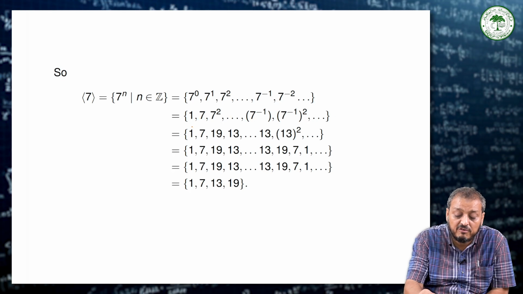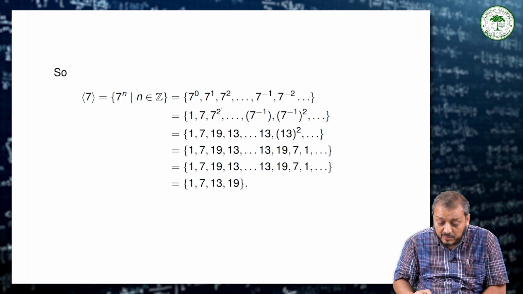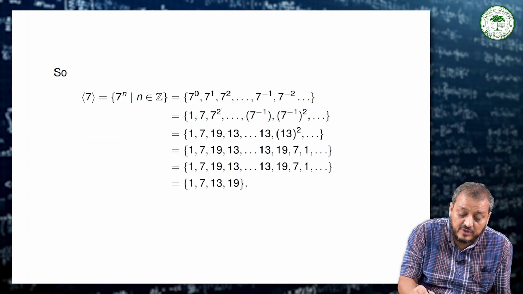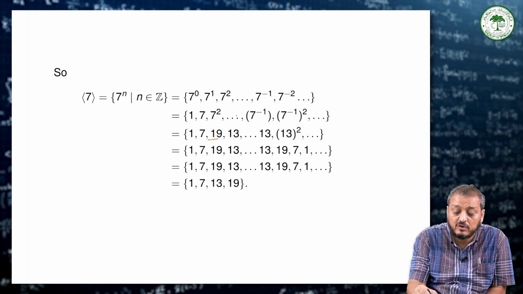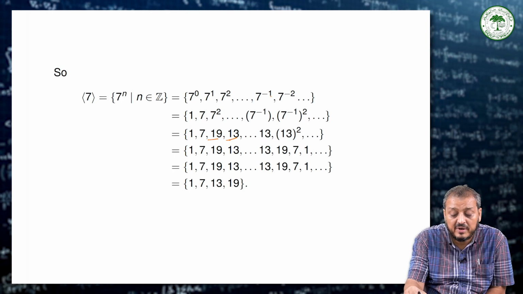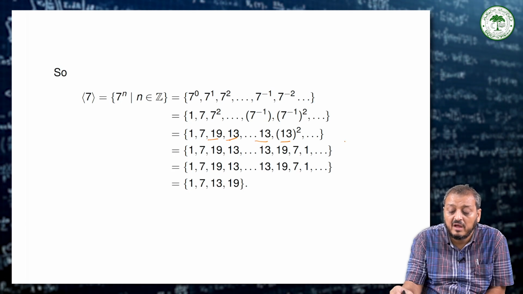Taking 7 squared under modulo 30, we have 19, and then 7 to the power 3 gives 13, and 7 to the power minus 1 is again 13, and then 13 squared and so on.